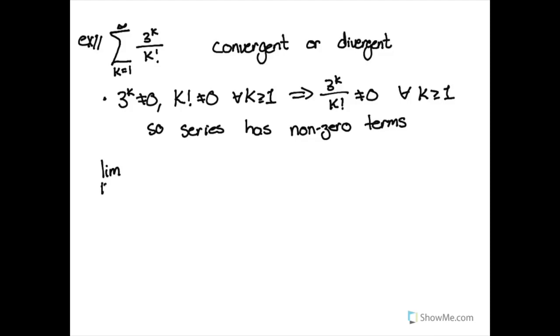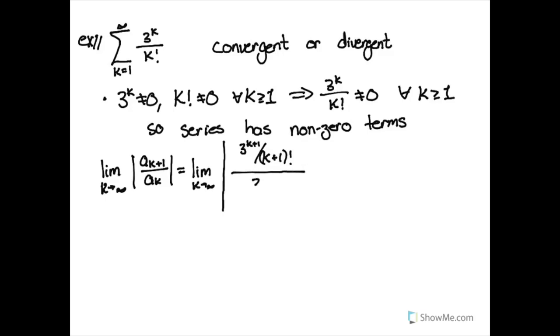Okay. And secondly, we have to check the limit of the absolute value of the ratio. So the limit as k goes to infinity of a_(k+1) over a_k. This is equal to the limit as k goes to infinity of 3 to the k plus 1 over (k plus 1) factorial, over 3 to the k over k factorial.